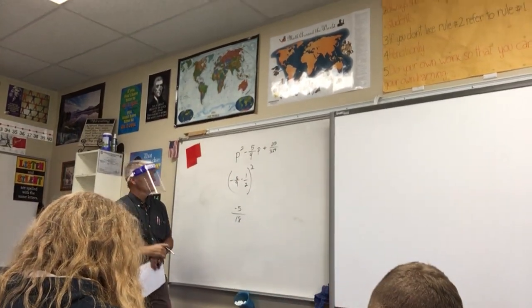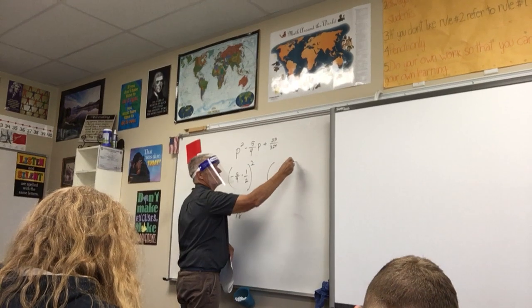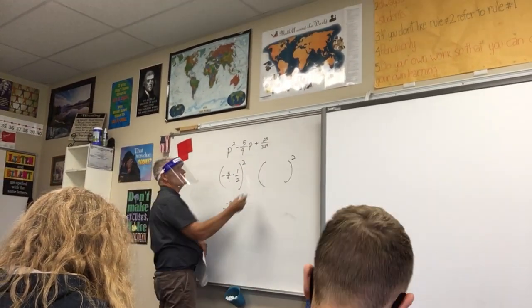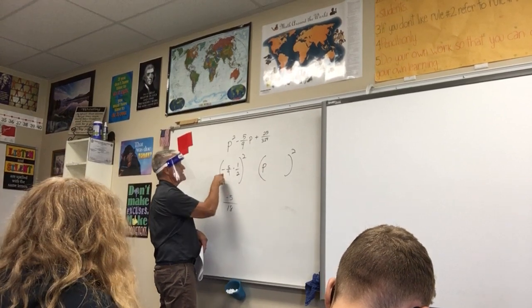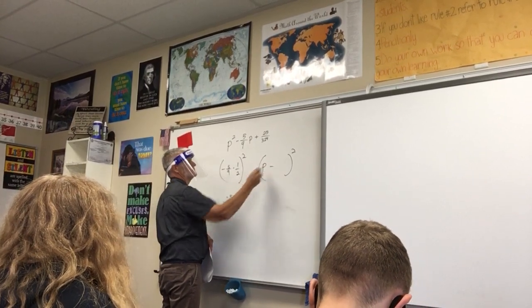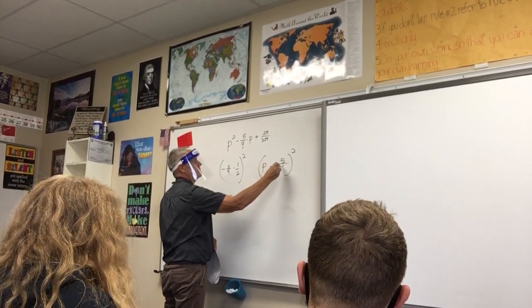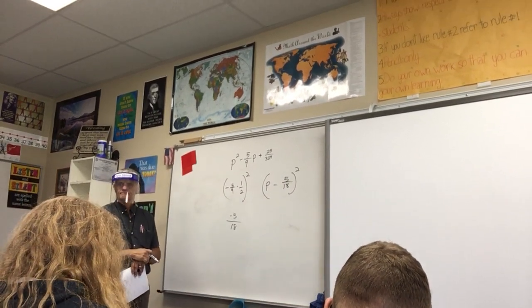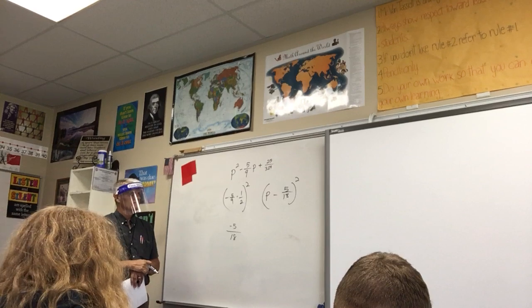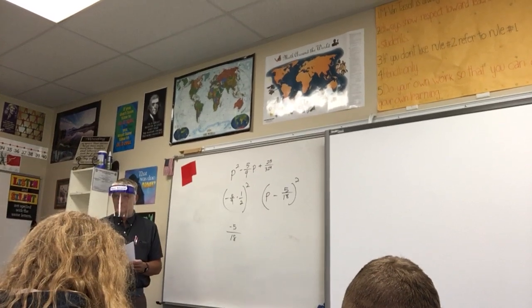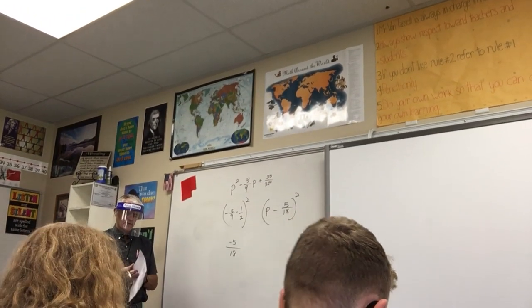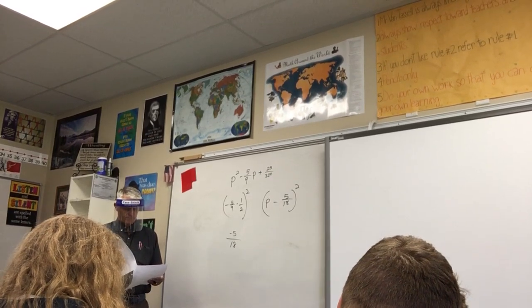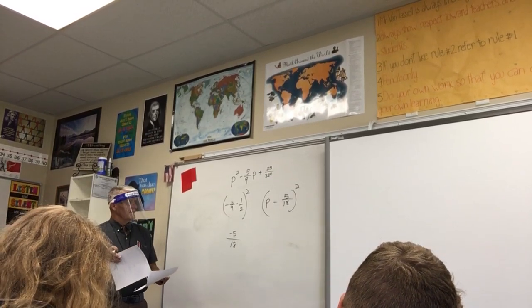Okay, so I'm going to have P, this is a negative. I'm done. That was 19. Did I do it right? Check the answers. Yes, sir. Okay.